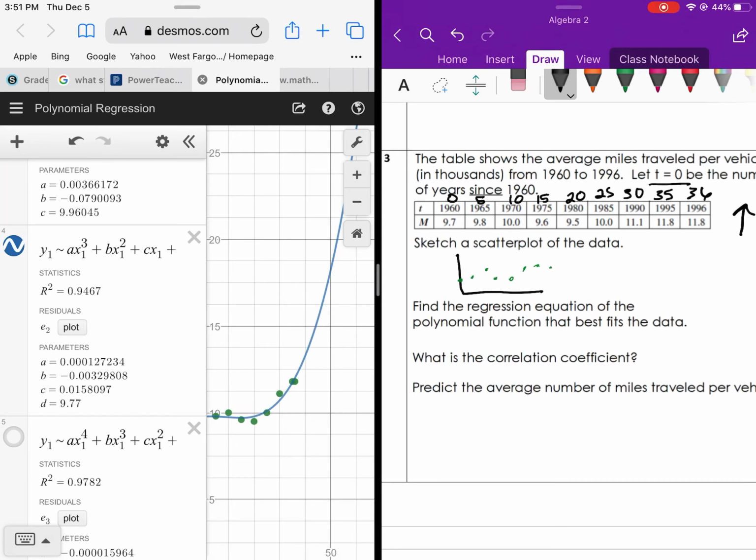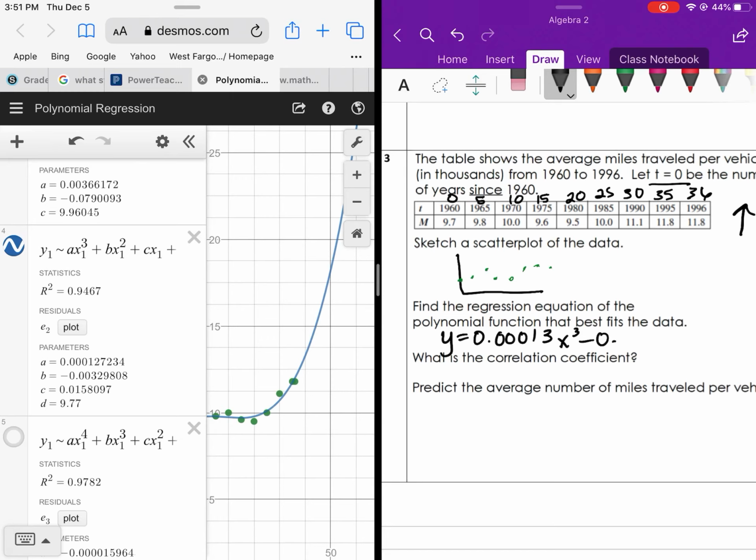The regression equation is when you plug in your a, b, c, and d into the equation, ax cubed plus bx squared plus cx plus d. So your first coefficient is a, so 0.00013. I'm going to go 5 decimals so I can get enough of my a value. That'd be x to the third. Then b is negative, so minus 0. I'm going to stay consistent.